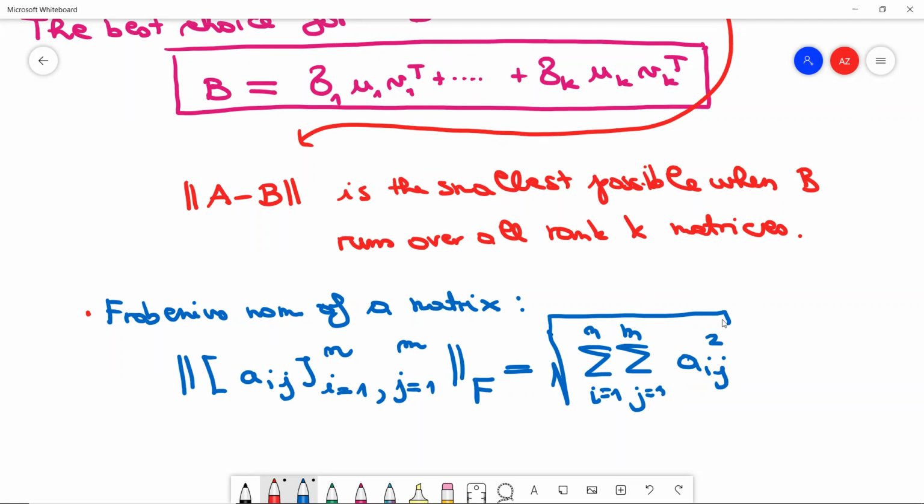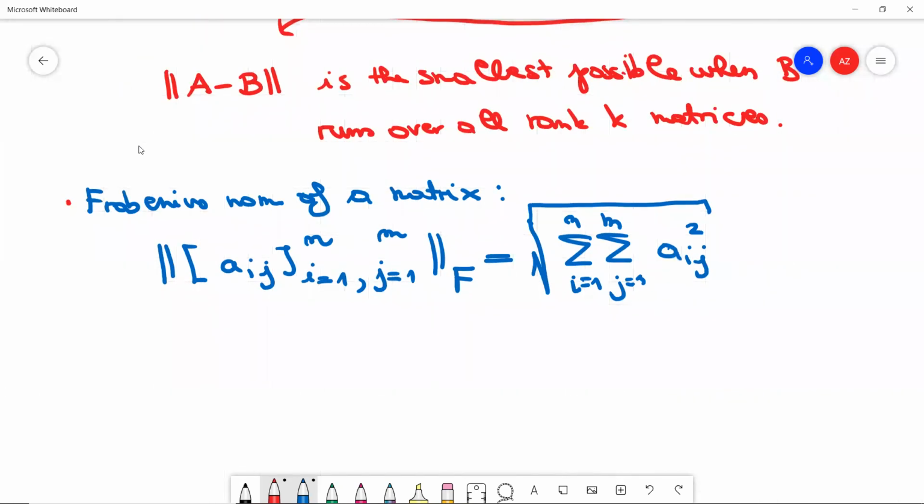This is one of the possible choices for the norm of a matrix. So in the Frobenius norm, when we compare A and B, we are just summing up squares of the differences in every entry of the matrix.